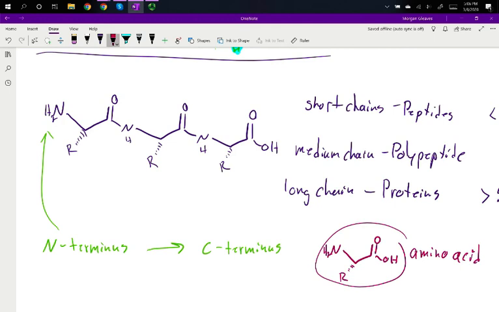But since the amino acid gets used to construct the protein or the peptide, when we go and look at this bit, we call this a residue. Technically at the moment, it's not an amino acid anymore. There's no more acid, there's an amide.